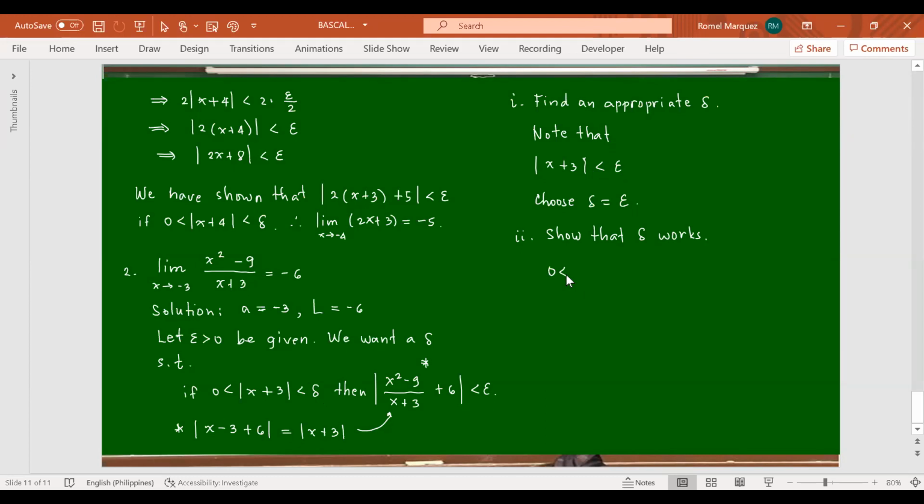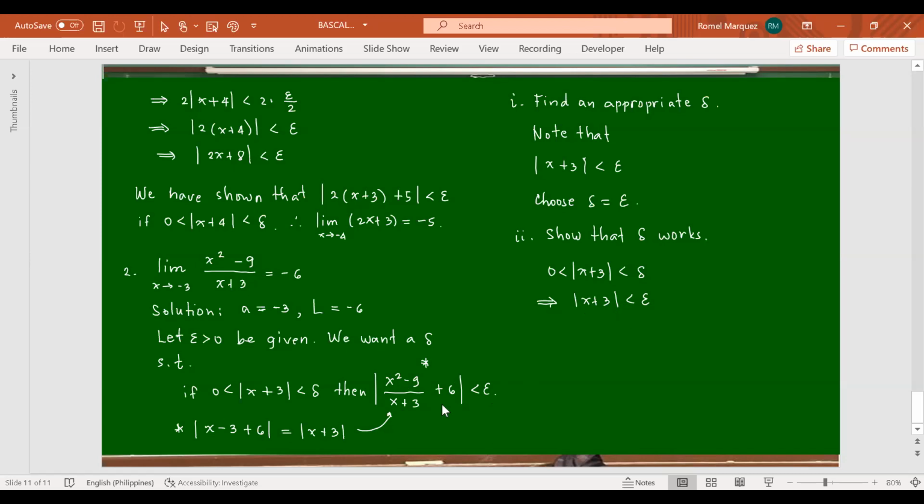So we now have 0 is less than absolute value of x plus 3, and that is less than delta. And that is absolute value of x plus 3. But what is this? Epsilon. Oh, that's it. Remember, absolute value of x plus 3 is equal to this. So this is what we want, and that is less than epsilon because delta is epsilon.